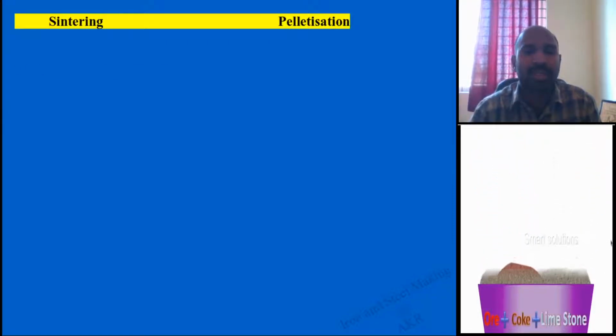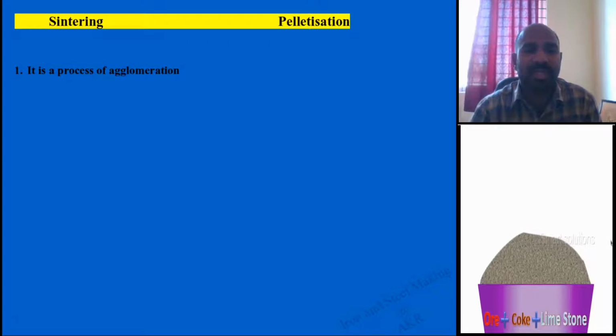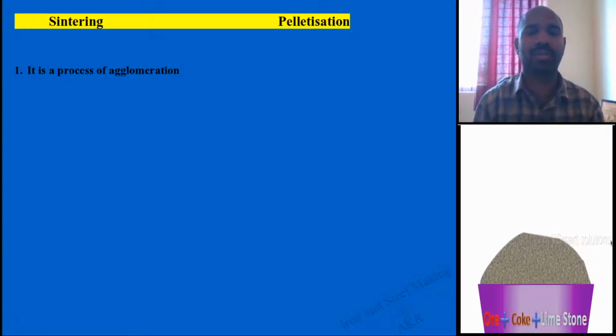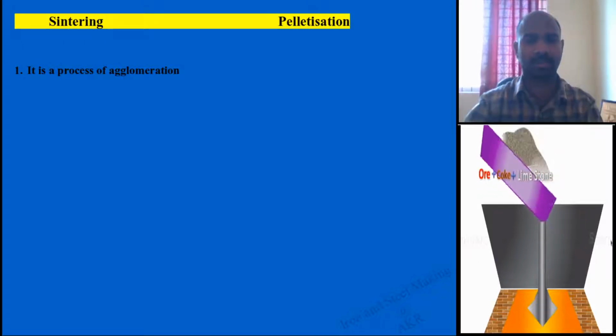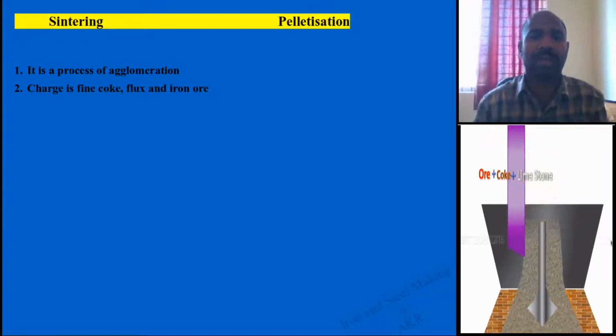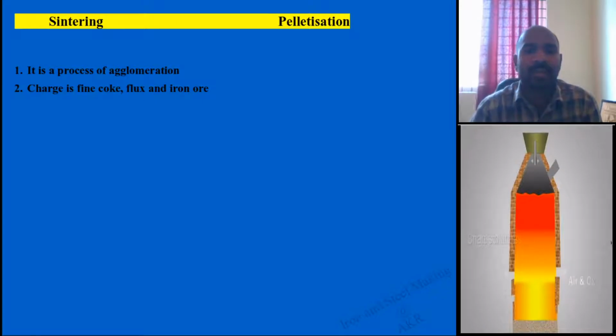Now let me compare the sintering and pelletization processes. The main important points in the comparison: sintering is known as an agglomeration process. The charge is fine coke, flux and iron ore, and the particle size maintained in the sintering feed is 5 to 10 mm, the final product being sinter particles.